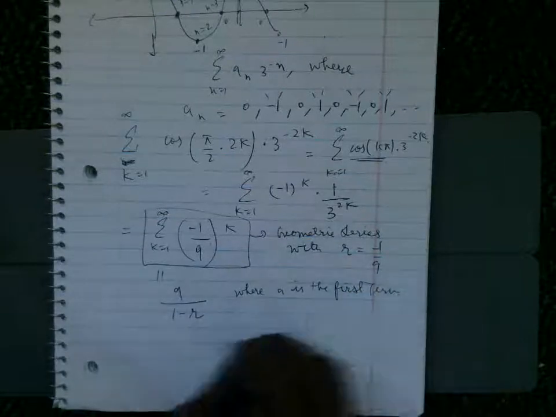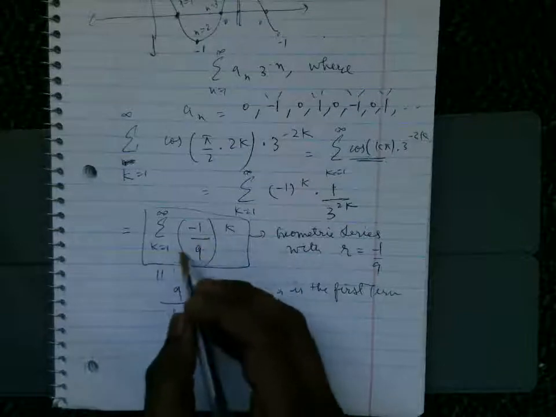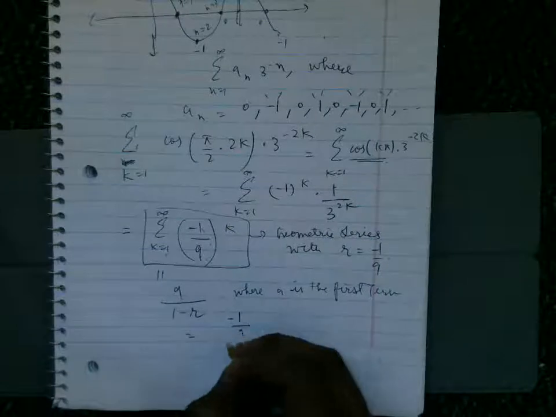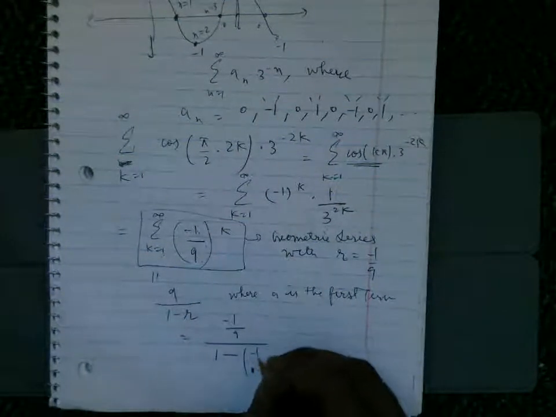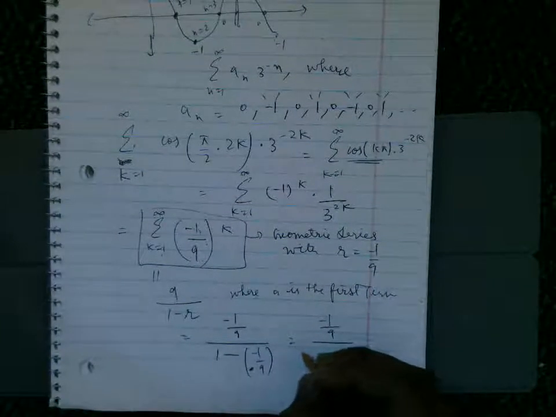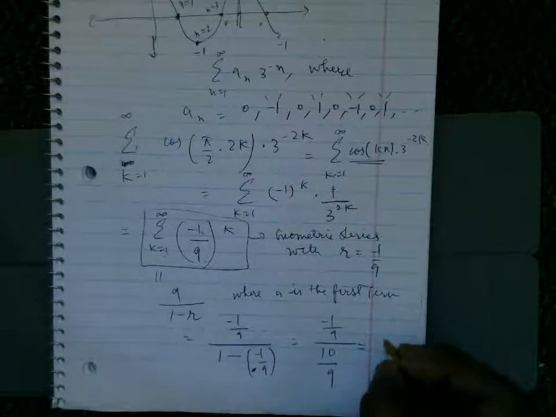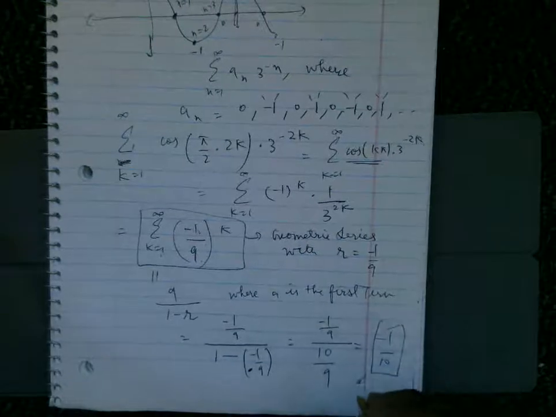So the first term, when you substitute k equal to 1, is minus 1 by 9, divided by 1 minus the common ratio, which is minus 1 by 9. So this is minus 1 by 9 divided by 10 by 9. So this sum is actually equal to minus 1 by 10. So this is our final answer.